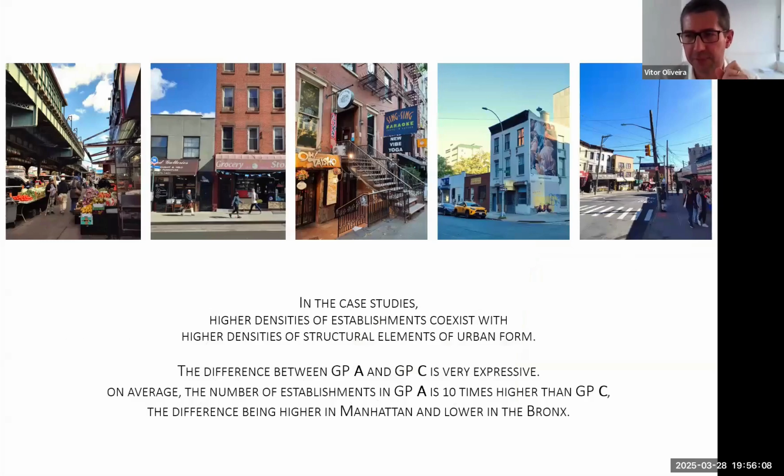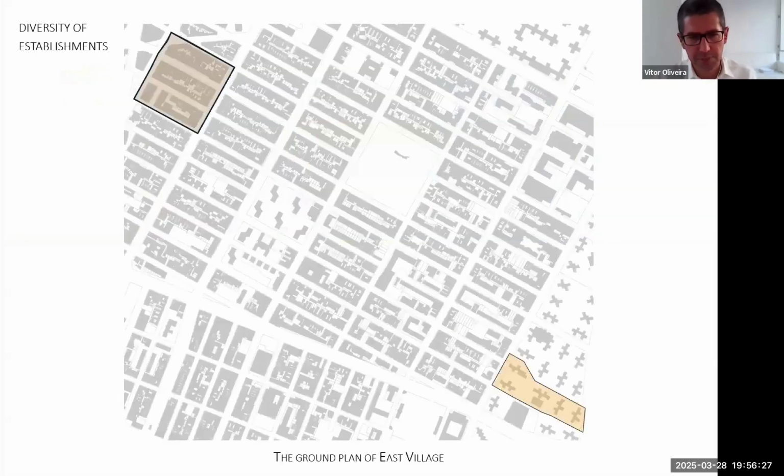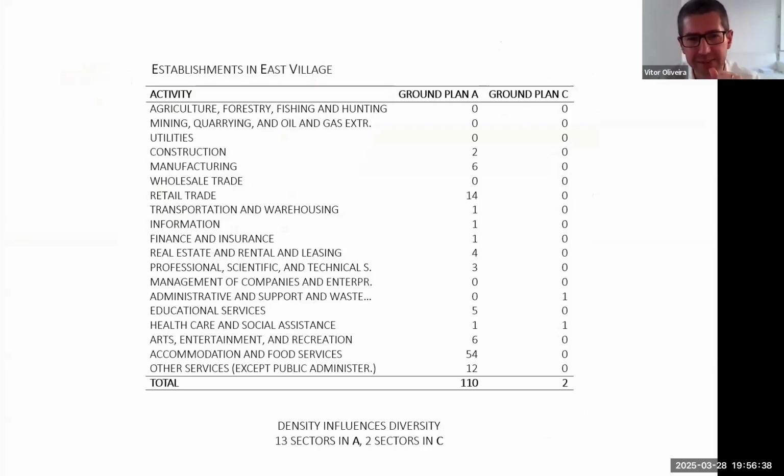We found similar patterns, similar distinctions in all the boroughs, and on average, the number of establishments in ground plan A is 10 times higher than in ground plan C. Just to zoom in, we are still in East Village, but we are zooming in on 2 specific parts to understand the diversity of establishments. We have looked at the number, but we also wanted to see if there is diversity.